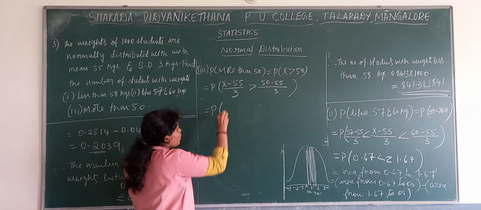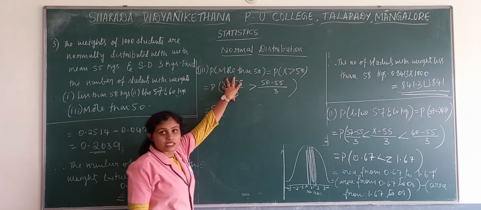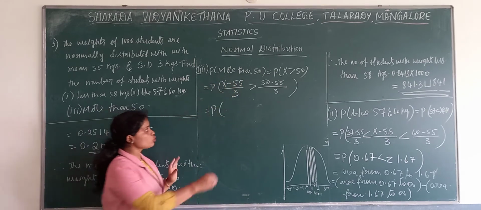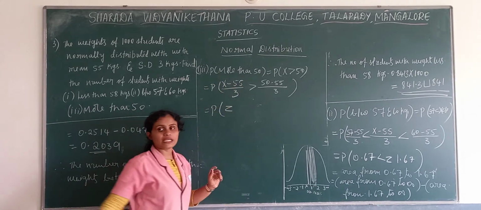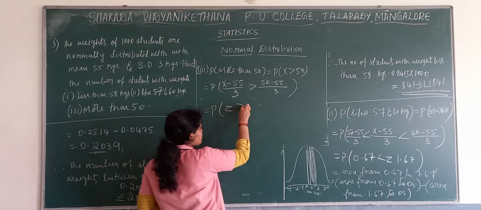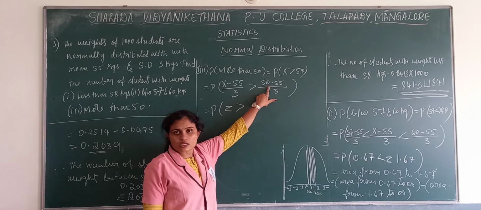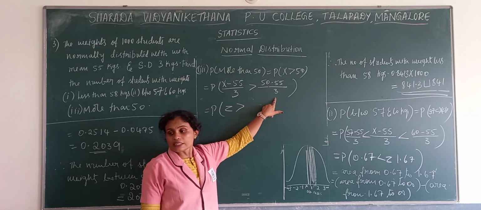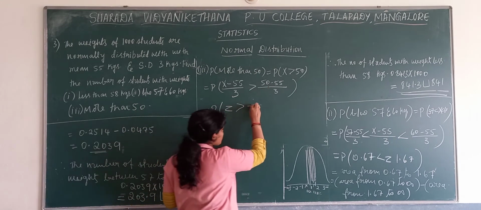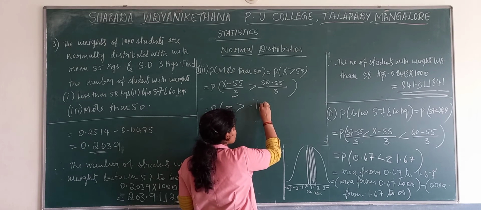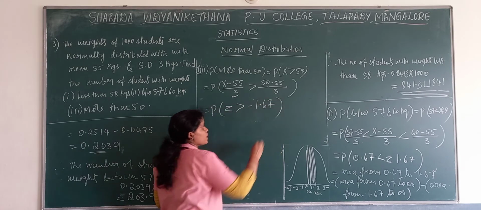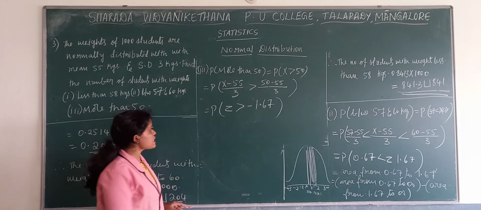Now we are converting the normal variate into the standard normal variate. Z is greater than, when you deduct 50 minus 55 divided by 3, you get minus 1.66, make it approximate, minus 1.67.